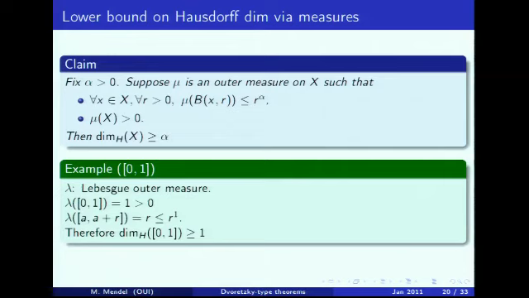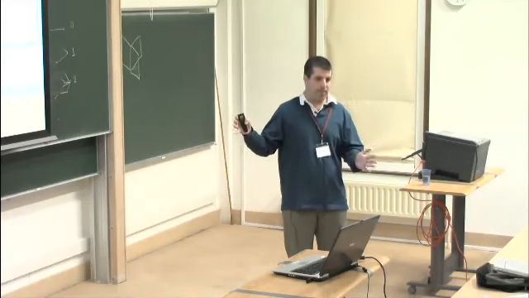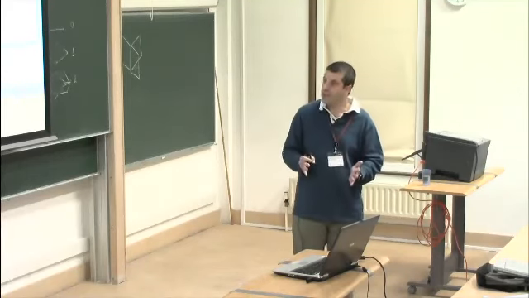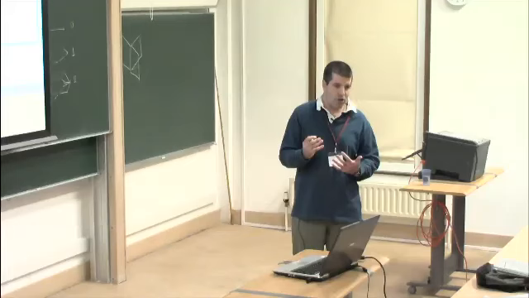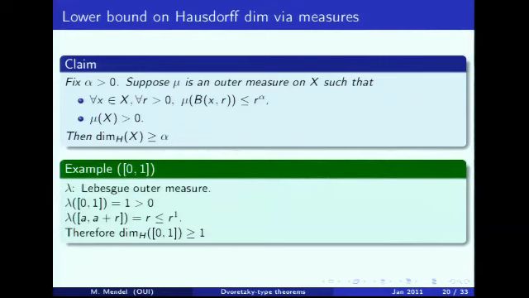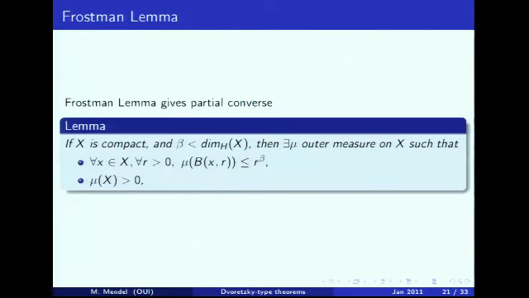Okay. So this is good. We have a technique to prove lower bounds, but how do we get this measure? Remember, we start with an arbitrary metric space X. We have a lower bound of its Hausdorff dimension. We want somehow to construct a measure and use it to prove a lower bound on the subset S. So we need the opposite of this claim. Fortunately, we have it.